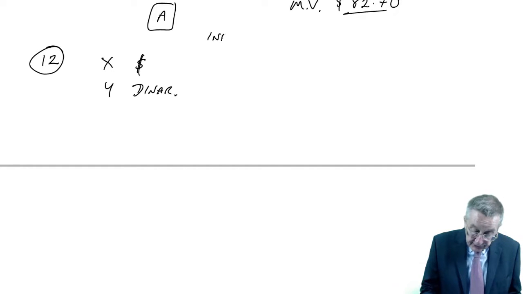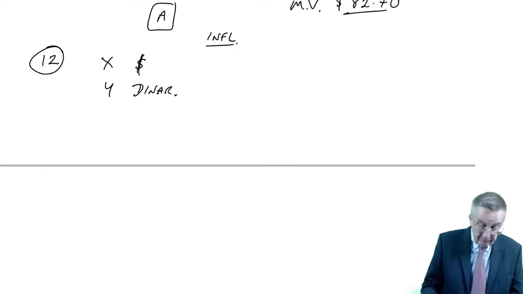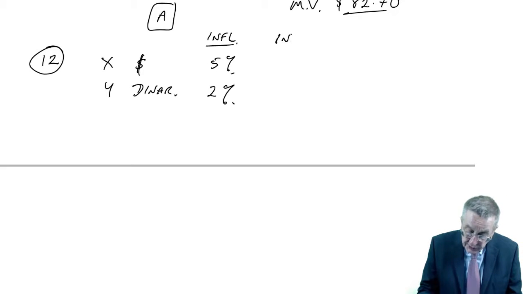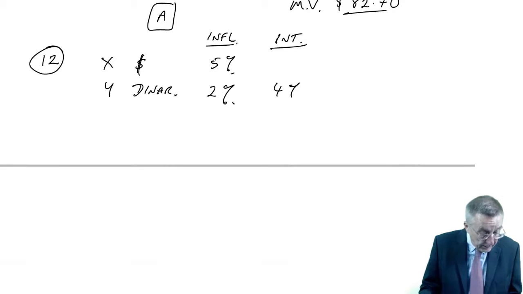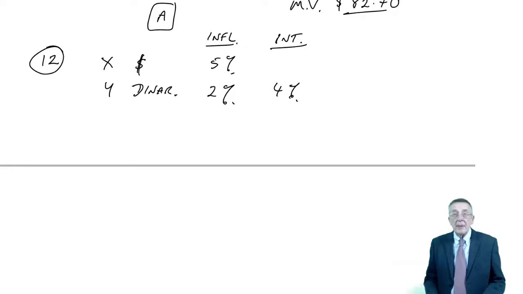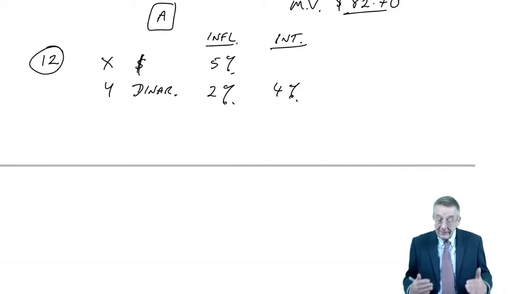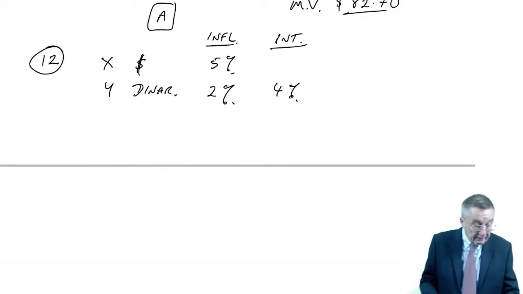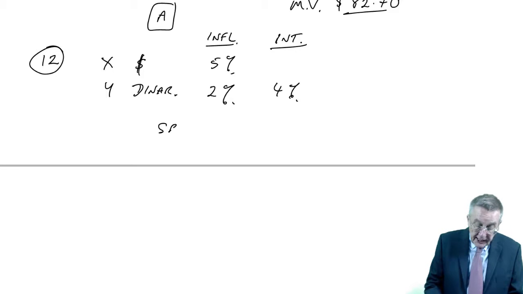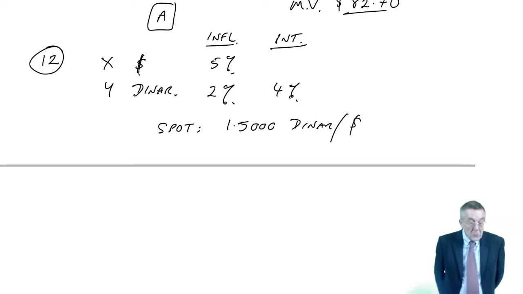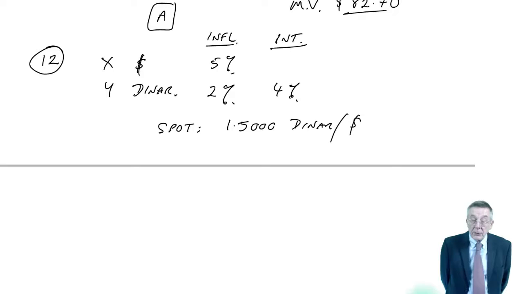Country X's inflation rate is 5% compared to 2% in country Y. Country Y's nominal interest rate is 4%, and the nominal rate, remember, it'll be relevant later, is the actual interest rate that there is in country Y. And finally, the current spot exchange rate is 1.5 dinar to the dollar. There are 3 statements there, and I want to know which of those statements are true.